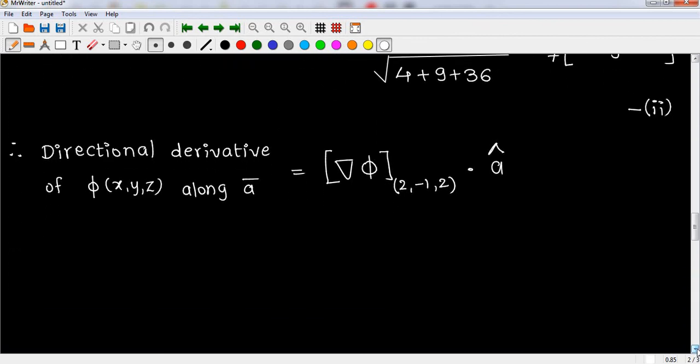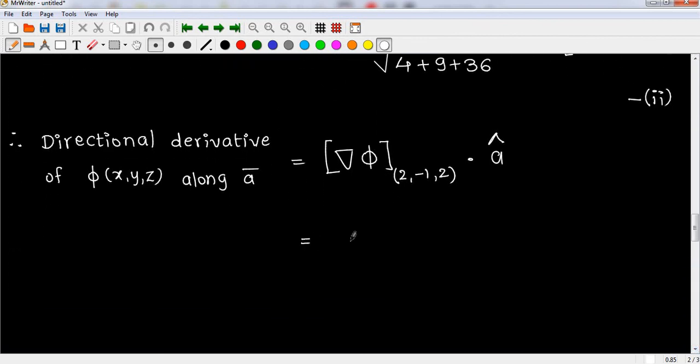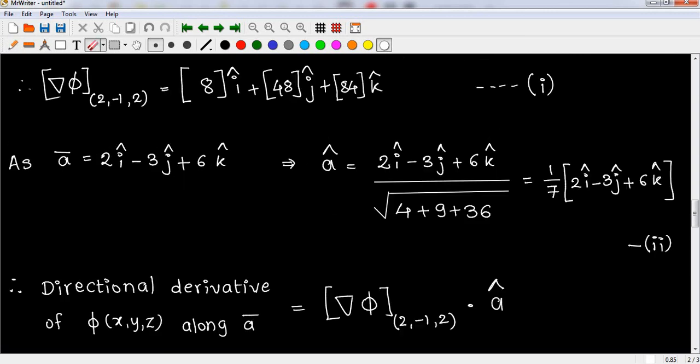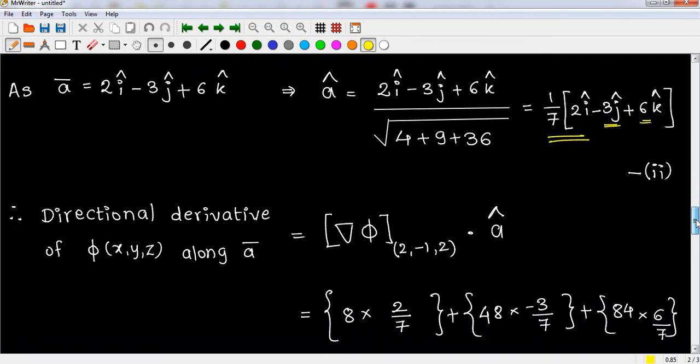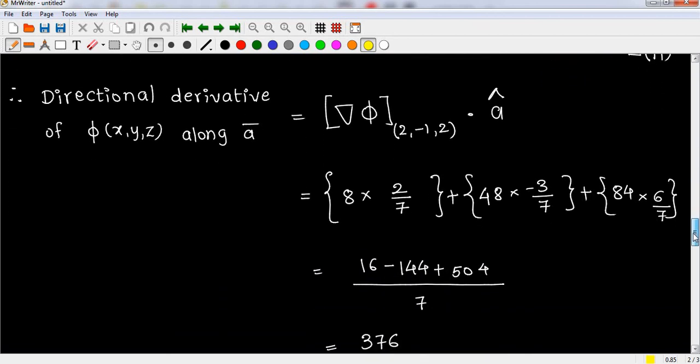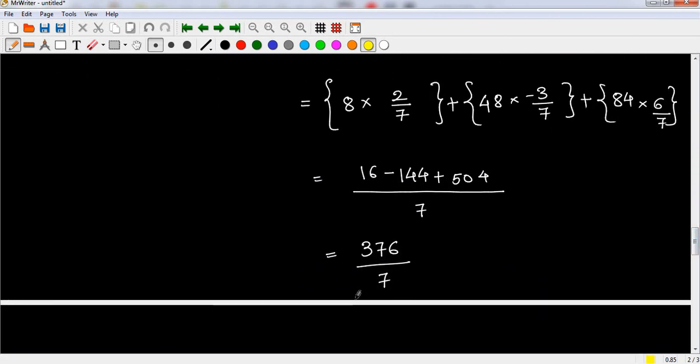So, if we substitute the values, we take the component-wise multiplication. That is, 8 will be multiplied with 2 by 7, 48 will be multiplied with minus 3 by 7, 84 will be multiplied with 6 by 7. So if we take this product, we get the required value for the directional derivative equal to 376 by 7.